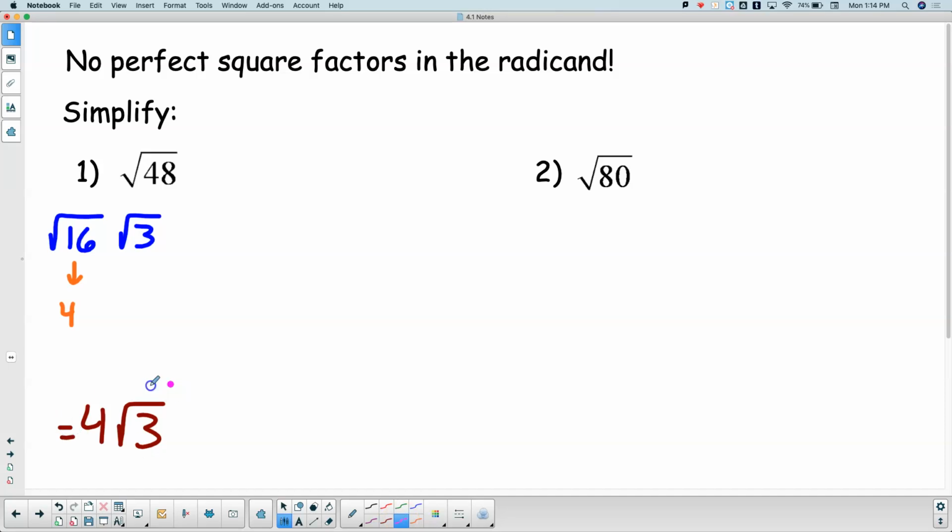So I get the square root of 48 simplified is 4 square roots of 3. Okay? But that's just me. I know my perfect squares. You should get to know your perfect squares, by the way.